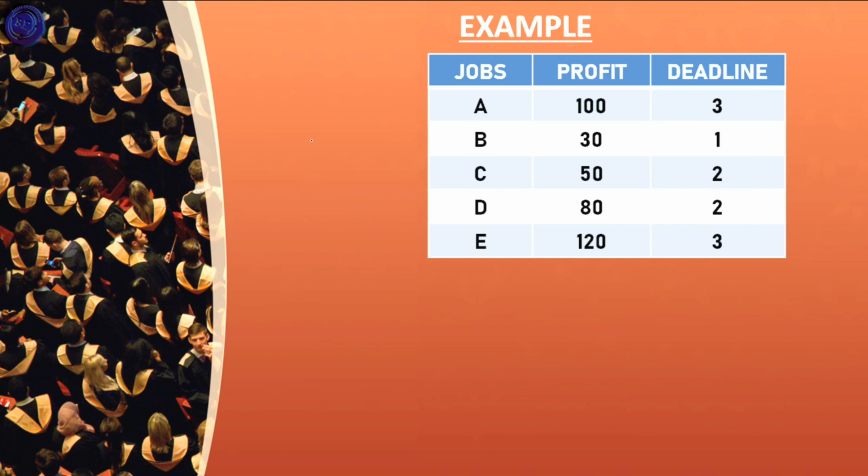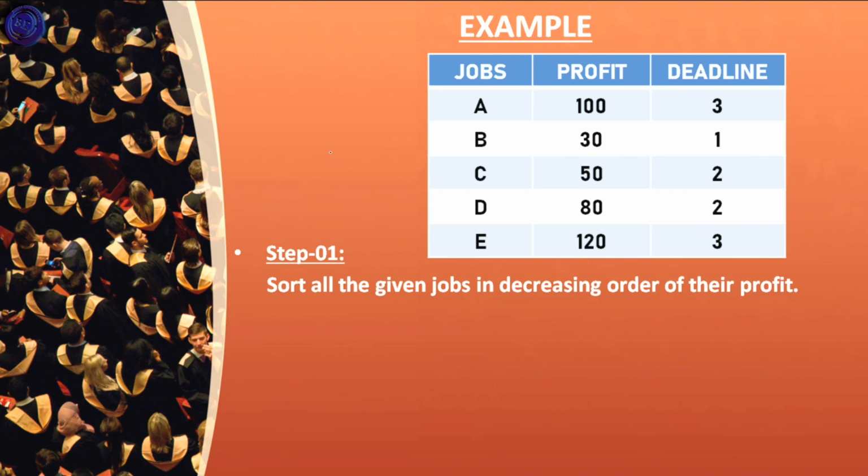Here I have 5 jobs and each job has some particular profit and some particular deadline. I have to prefer a job with maximum profit and the maximum deadline. In the first step, sort all the given jobs in decreasing order of their profit.